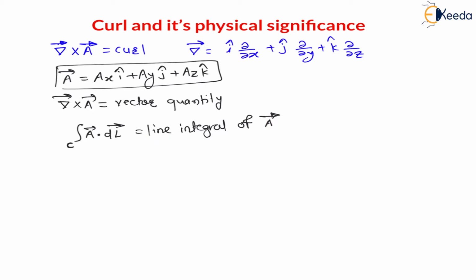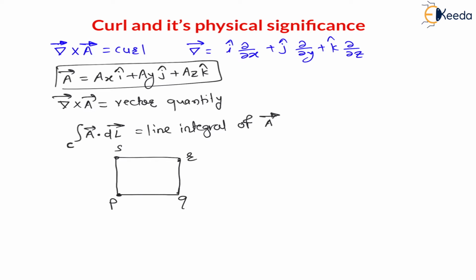Now let us understand the line integral over a closed path. Now my dear students, let us say we are traveling from point P to Q to R to S and back to P, right?